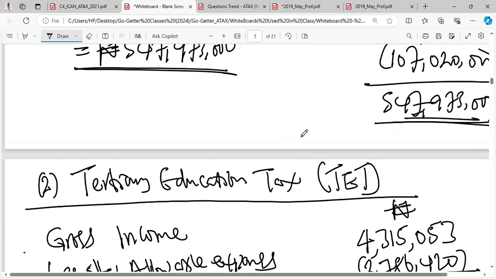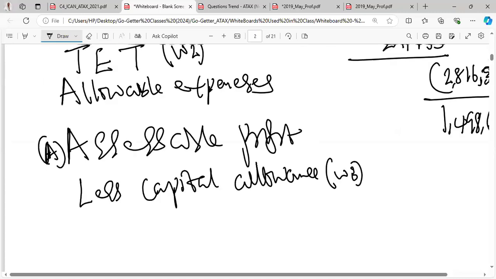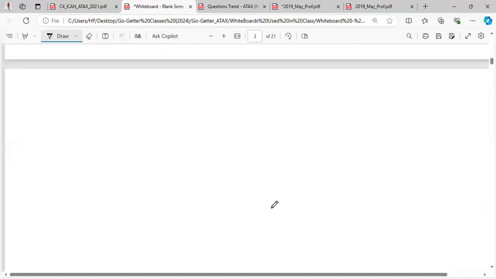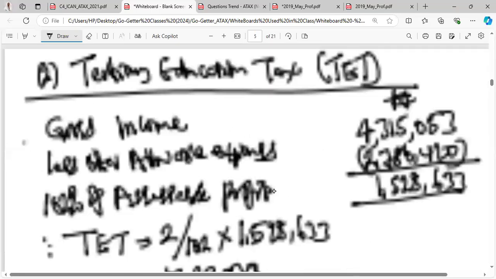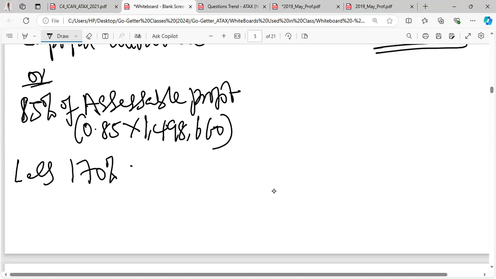Your assessable profit here is 1,498,660. Then we'll say less 170% of PIA.